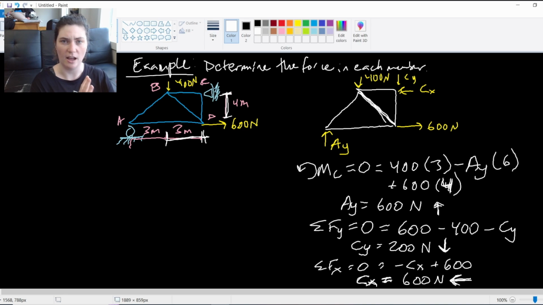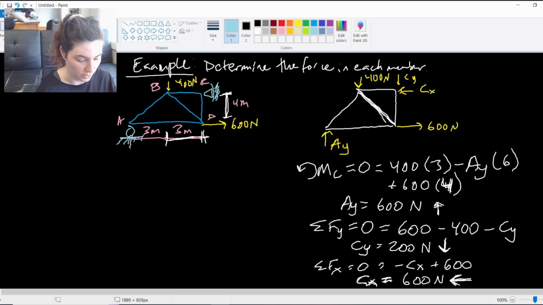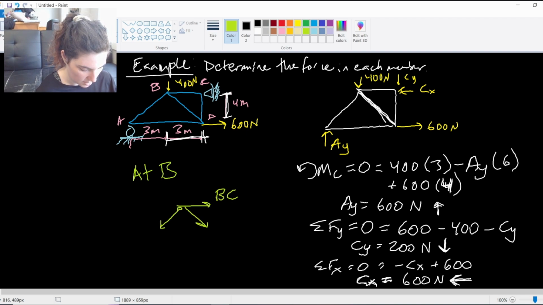So that's the first half of solving our truss, right? Just getting our reactions so that we can apply them to each joint as we go through our joints. Because you might be tempted to skip the reaction part and just say, okay, there's no reactions at B, I'll just solve at point B. But if you tried to do that, and you tried to make your free body diagram at point B, you have 3 unknowns, right?